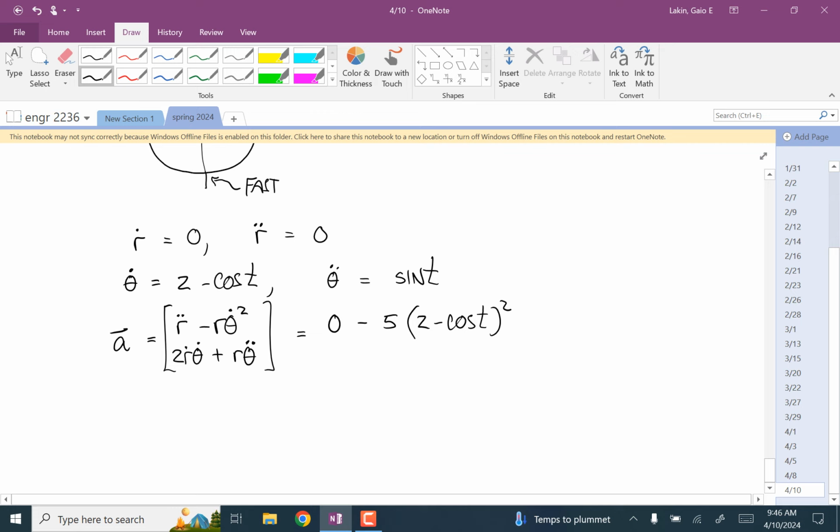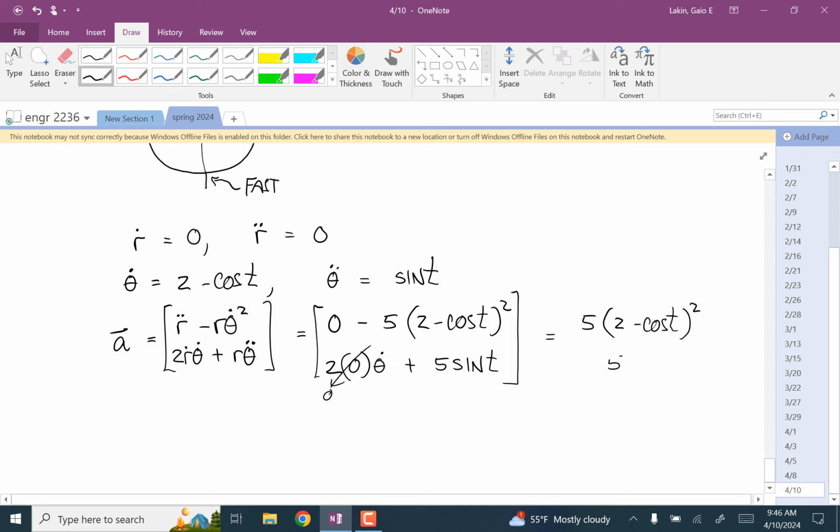And then for the theta component, 2 times, well, this is all 0, plus 5 sine t. So we got 5 times, I'll just leave this squared, 2 minus cosine t squared, and then 5 sine t.